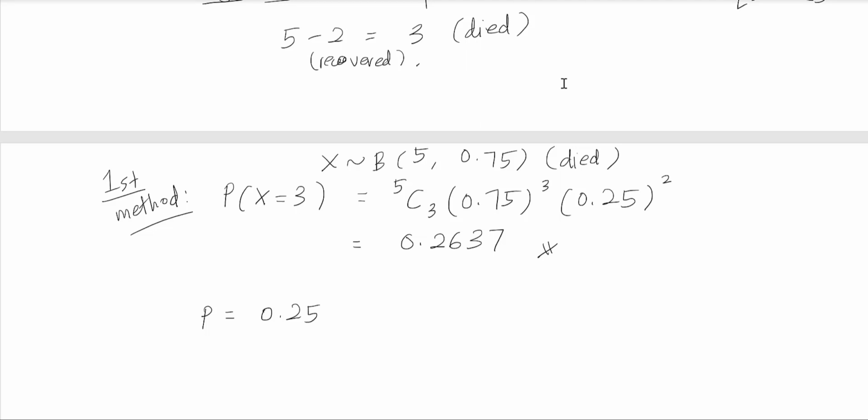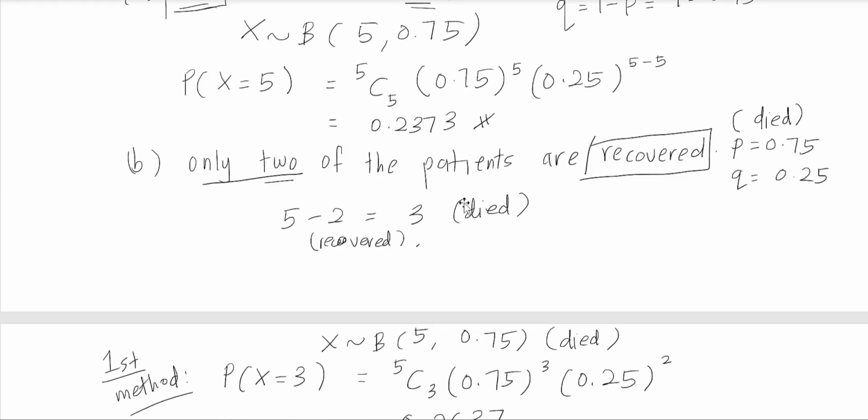That means the probability for patients who recovered is 0.25. So our P is 0.25 and our Q is 0.75. This one is for patients who died. So now the question asks for the patients who recovered, so we use our P for patients who recovered, 0.25.